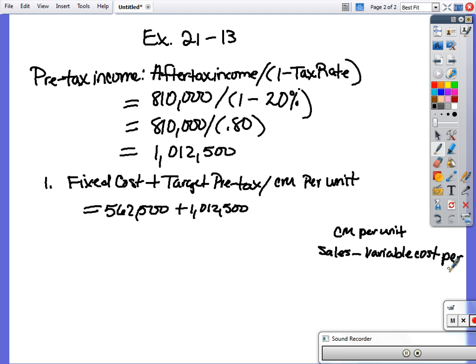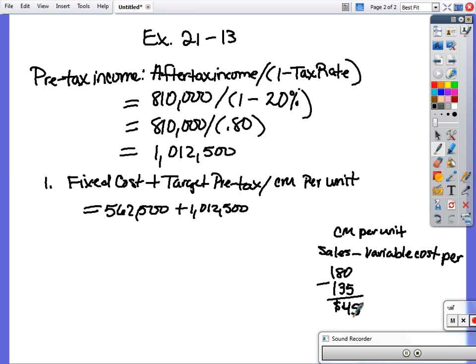So what is the sales per unit from 21-10? The sales was 180. 180 minus variable cost of how much per unit? 135. How much do we have? 45?